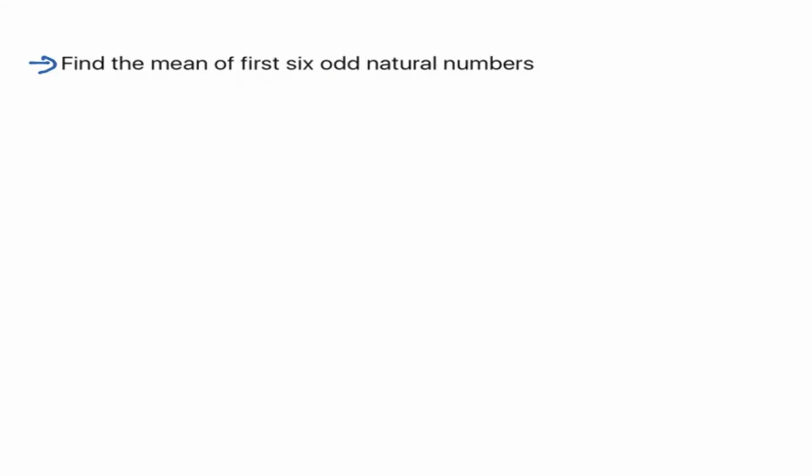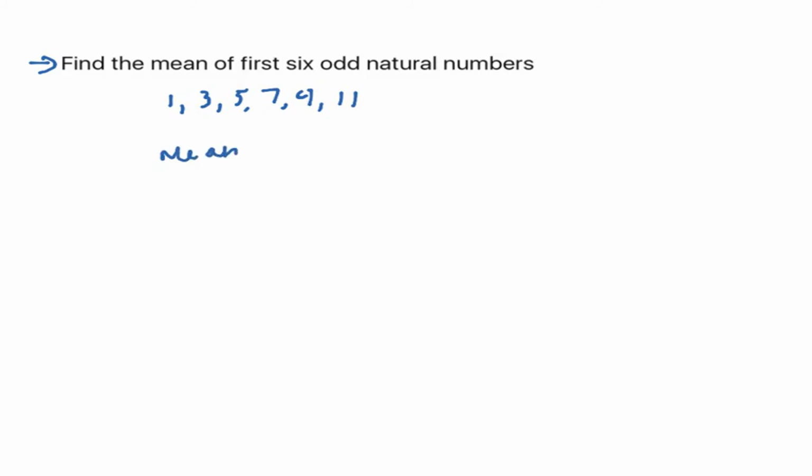We have to calculate the mean of the first 6 odd natural numbers. So first of all, we will write the first 6 odd natural numbers, that are 1, 3, 5, 7, 9 and 11. So these are our first 6 odd natural numbers. Now we will calculate the mean.